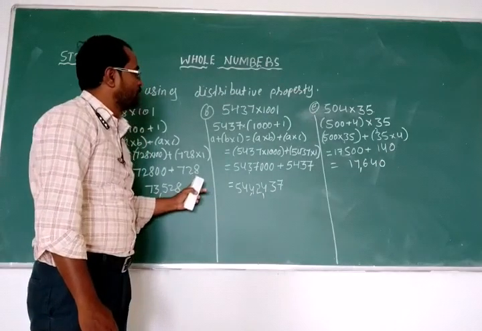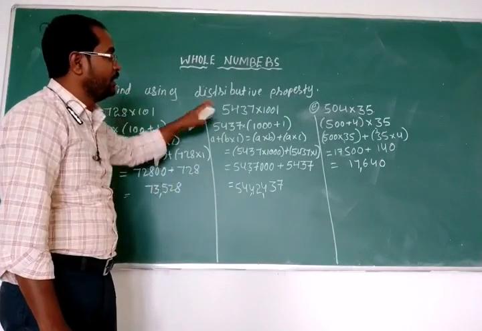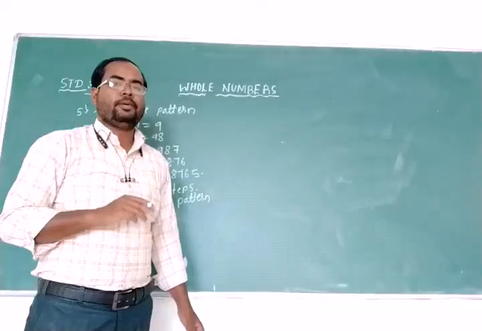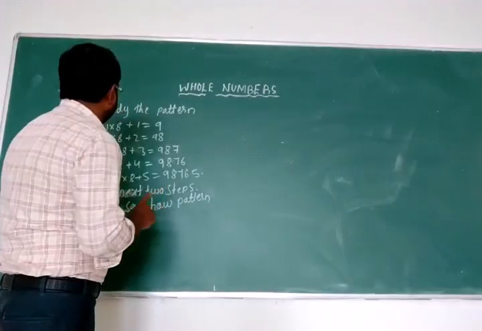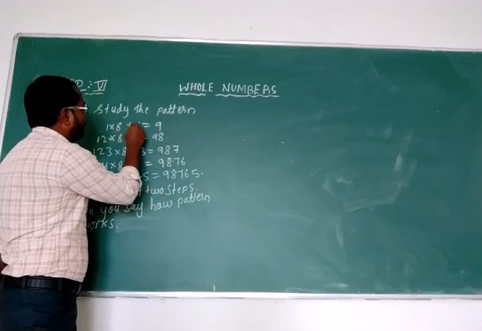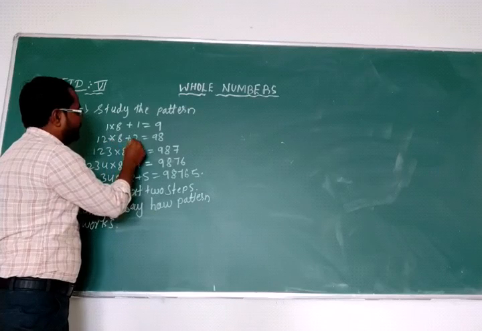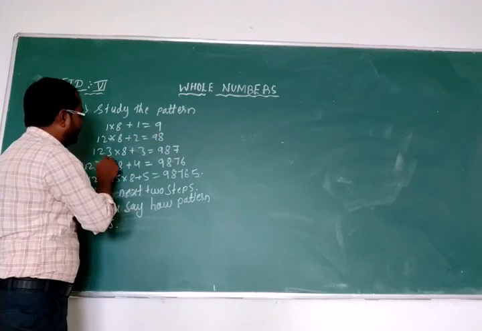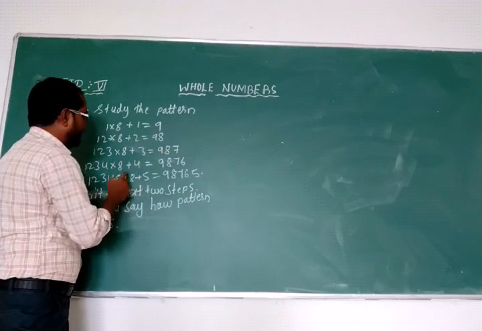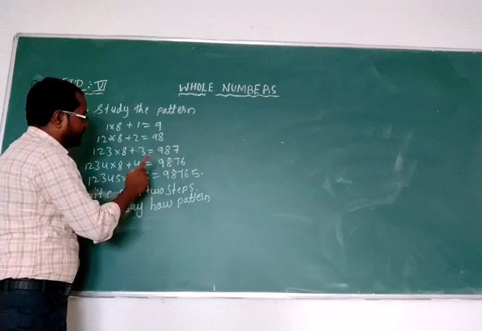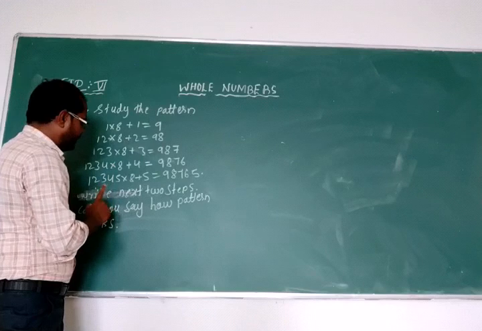Yesterday also, in our previous class, we solved sums using the distributive property. We'll see the next question. Study the pattern: 1 into 8 plus 1 is equal to 9. 12 into 8 plus 2 is equal to 98. 123 into 8 plus 3 is equal to 987. 1234 into 8 plus 4 is equal to 9876.